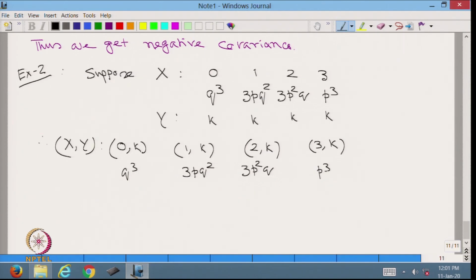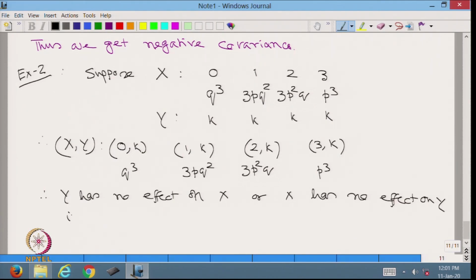What does it mean? That means that y has no effect on x or x has no effect on y, that is, they are independent.